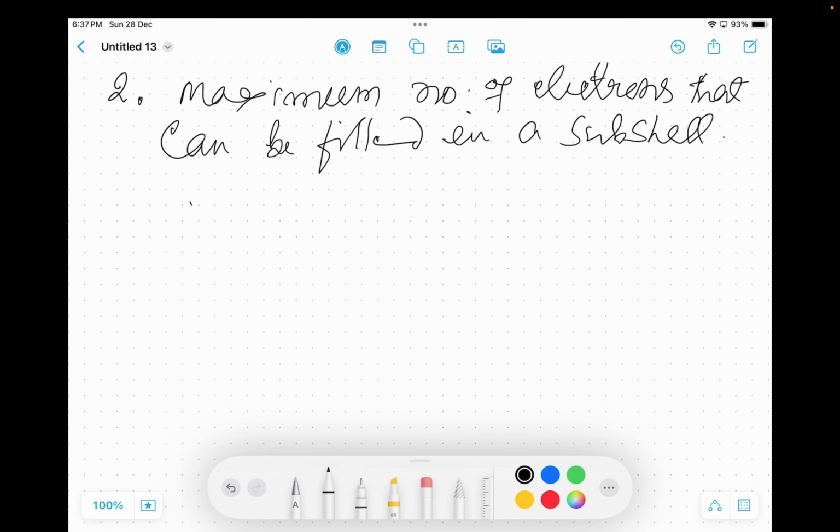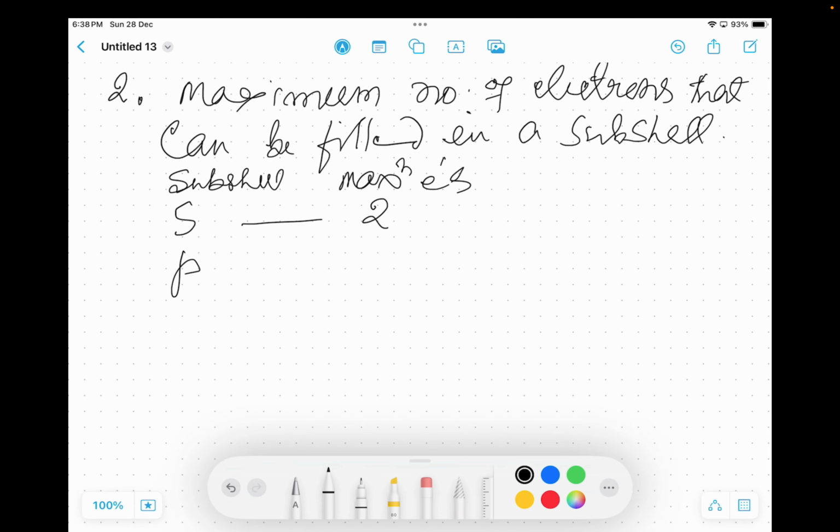S subcell has only one orbital. Maximum number of electrons that can be placed in S subcell will be 2.